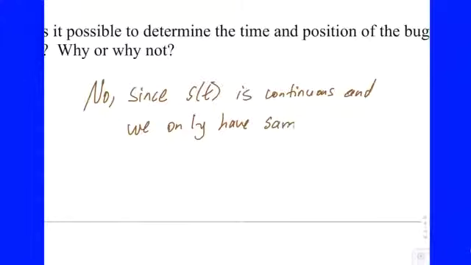Sample points. Yeah, I like that. We only have sample points. And then if you want, you can even add that the position values could be anything in between the data points that are given. That's another answer that you could use. Okay. So the fact that it's continuous is important.